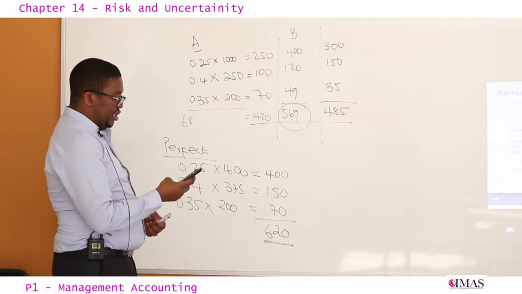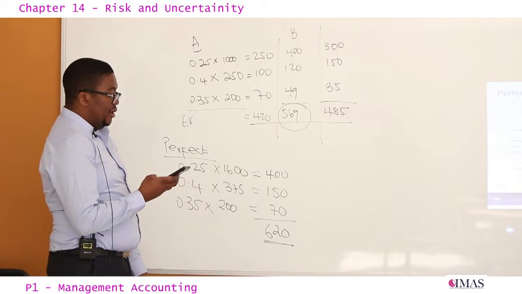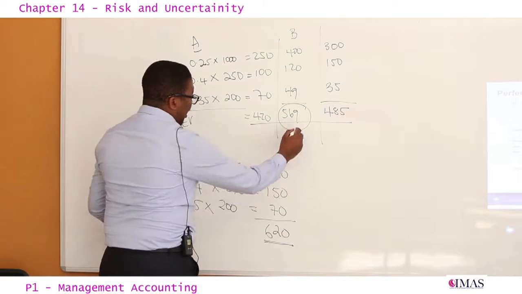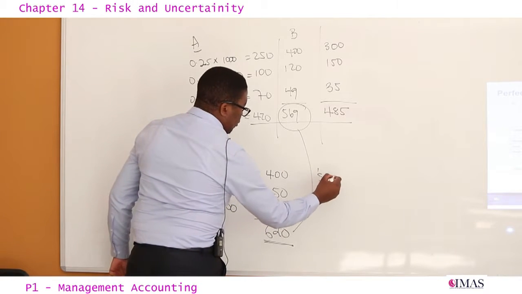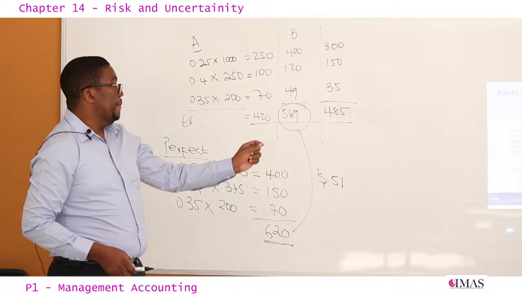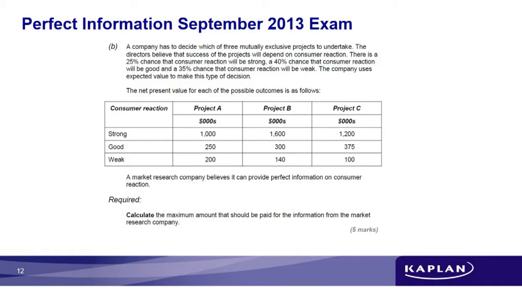Therefore, the difference between the 620 and the 569 is 51. That will then be the maximum amount that you should be able to pay to gain perfect information. That's how we calculate the value of information.